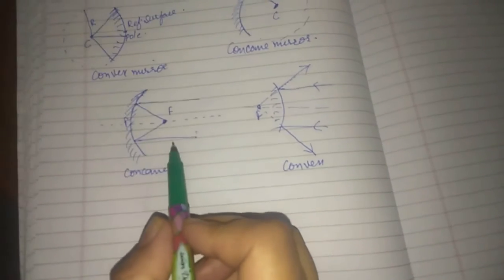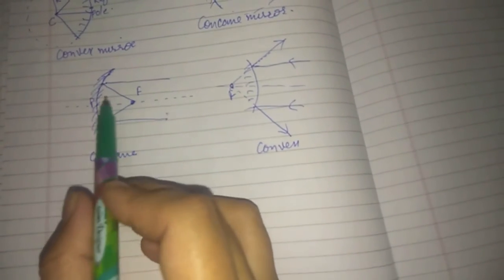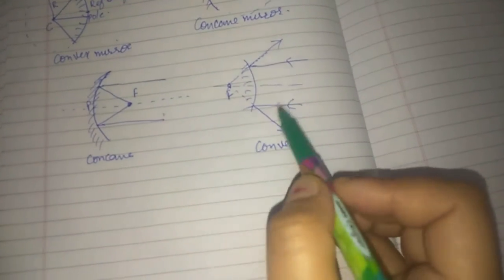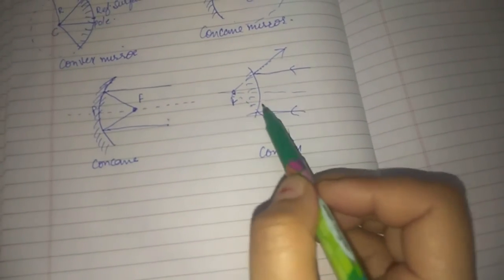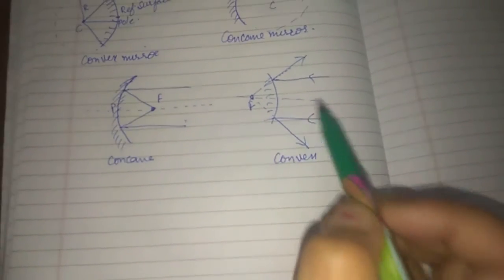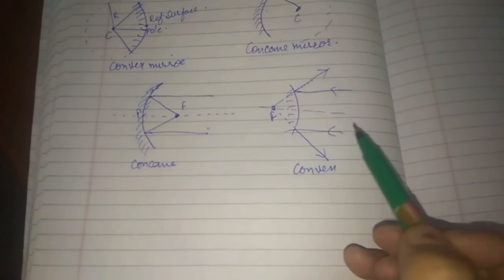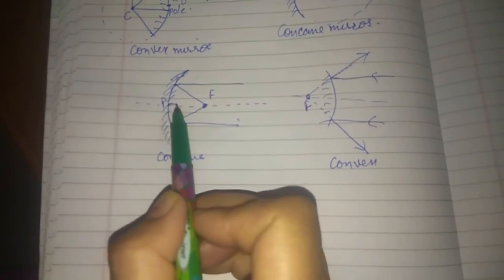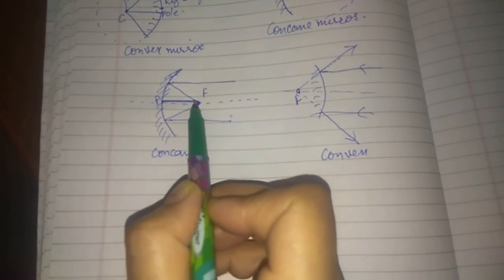I will explain it later, why in case of a concave mirror the rays bend towards the principal axis, and why in case of a convex mirror they go away from the principal axis. The magic is just the law of reflection. We'll discuss it later. Now, the distance between the pole and the focus is the focal length.